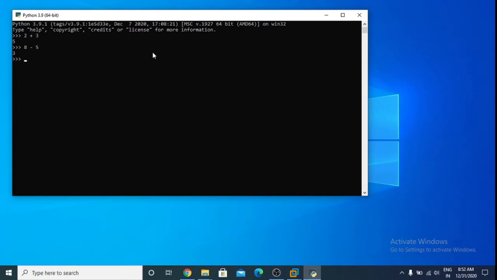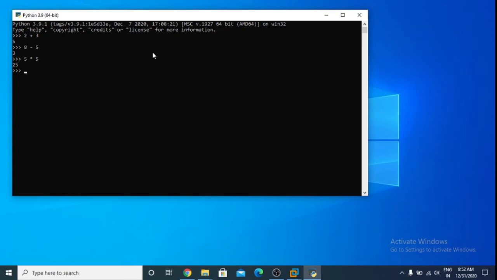Let's type some multiplication. Okay, so I'm taking here 5 multiply 5. So 5 multiply 5 is 25. So the answer is 25. Next I am trying division.